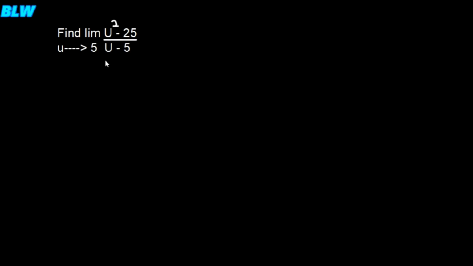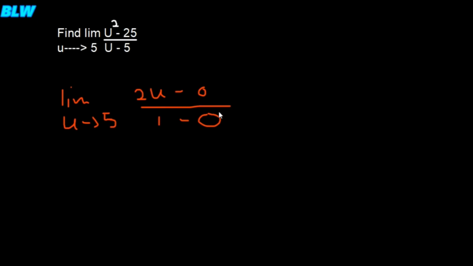L'Hopital's rule says that to find the limit of any quotient which is indeterminate, we should differentiate what you have on the top and then differentiate what you have on the bottom. So the limit as u approaches 5 will now become 2u minus 0, all over 1 minus 0.